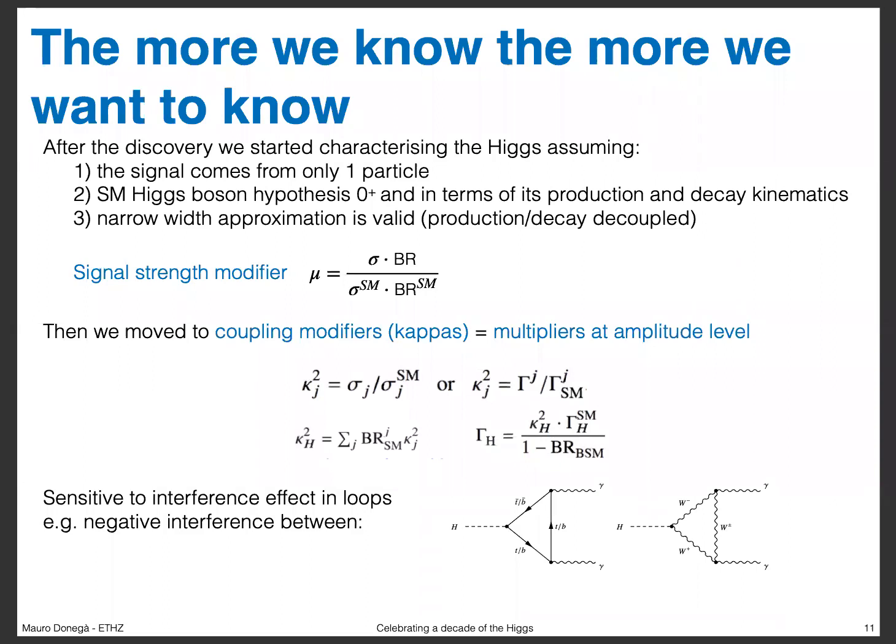Take just an example. For instance, here, by playing with the kappas, you can play with interference between these two diagrams, the top and the W diagrams in the Higgs to gamma-gamma decay. And by measuring the gamma-gamma decay, you can infer the patterns of interference here. It's a very powerful tool.